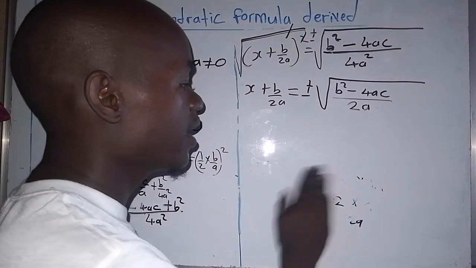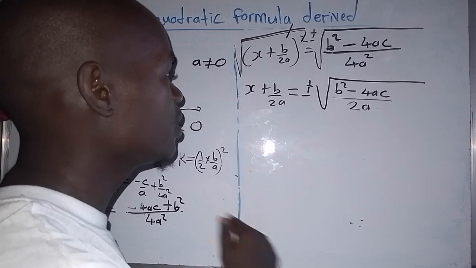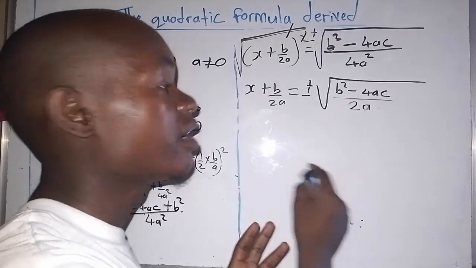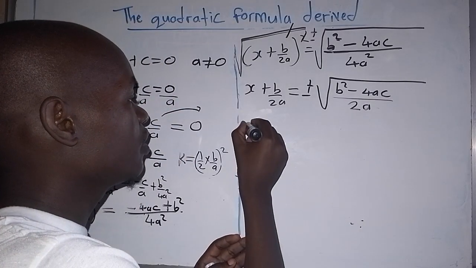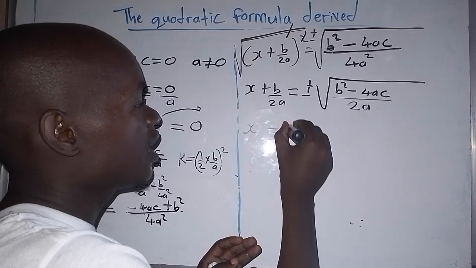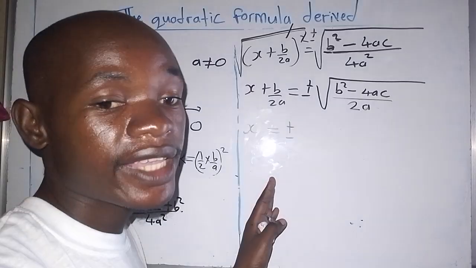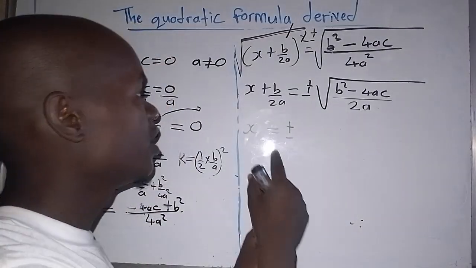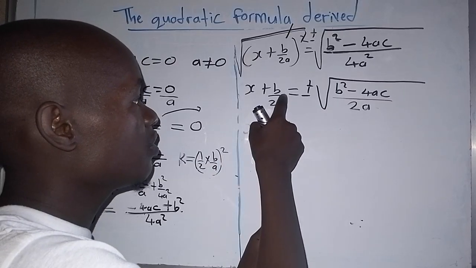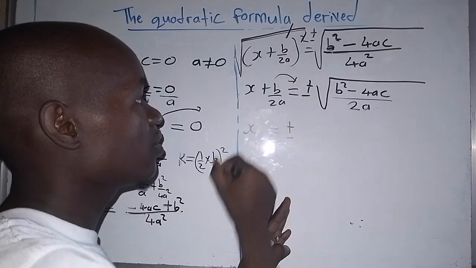Now, from there, what I want to do, I want x to remain alone. So I will have x equals, what I have there is plus and minus. It's more like I'm making x the subject of the formula. Then this b over 2a will go to the other side. The whole of this fraction will go that side.